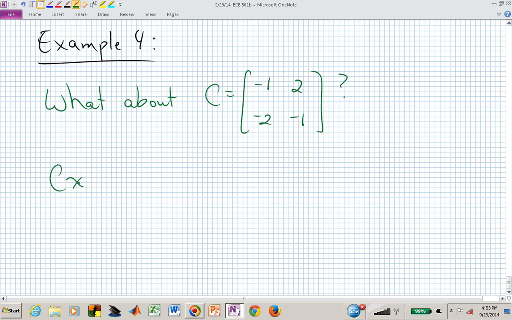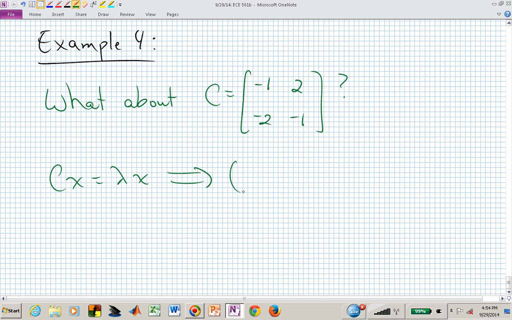If you're into eigenvalues of a matrix, maybe you already know the answer to that, but you'll start to see that by inspection of the matrix. Here's our eigenvalue-eigenvector relationship. The matrix times x, the eigenvector, is equal to lambda x. We want to know, are there real x's and lambdas that satisfy this expression?